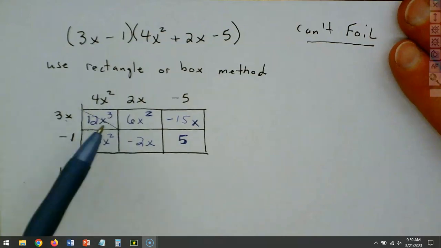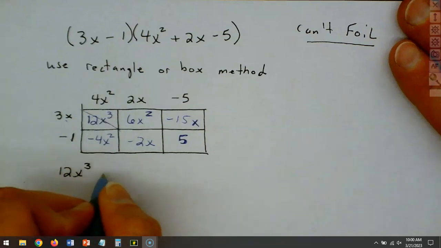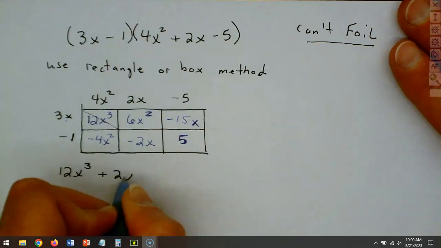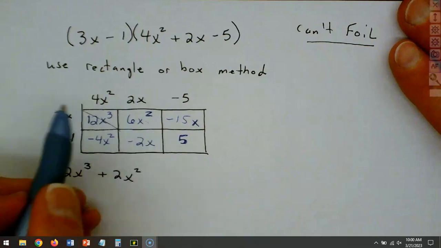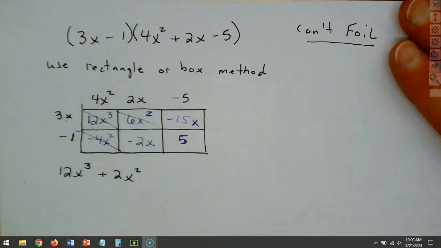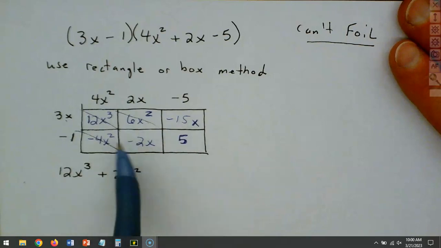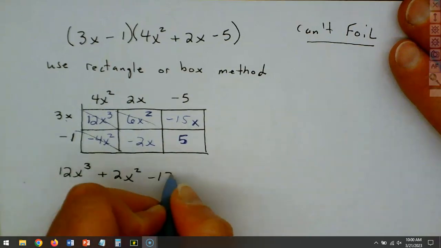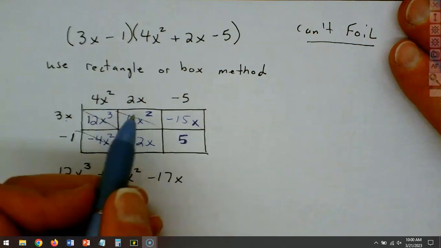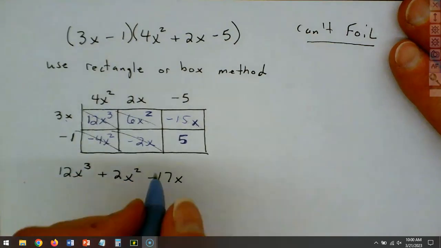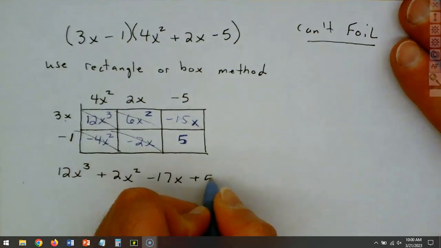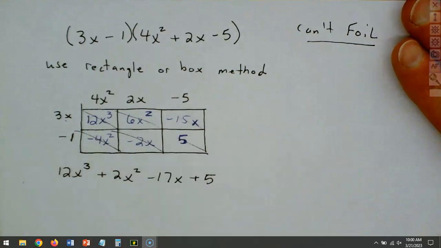So we have a 6 and a minus 4. Well, that makes it a positive 2x squared because those are adding together. And then we go here, minus 15 and minus 2. That makes it a minus 17x here. And what's left over all by itself on the end is the 5.